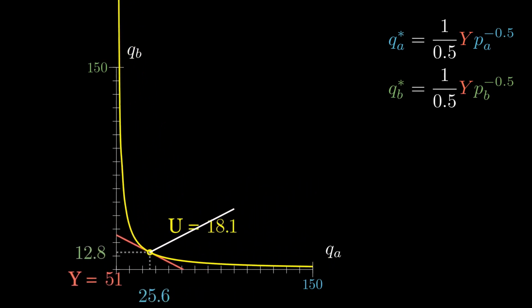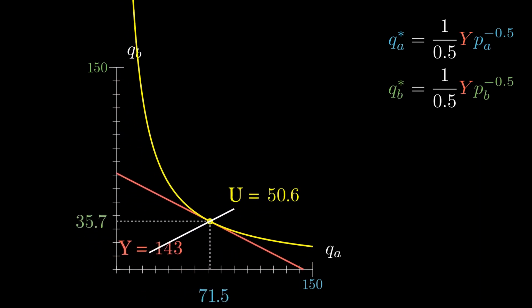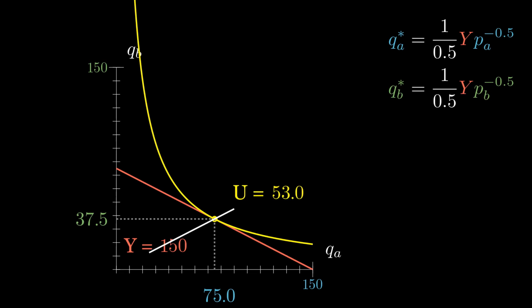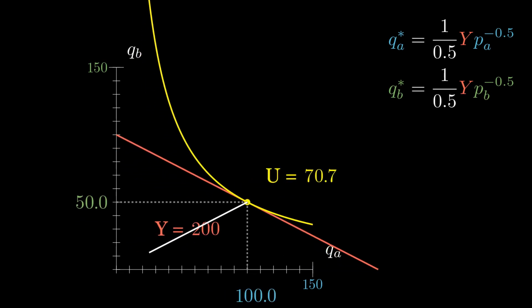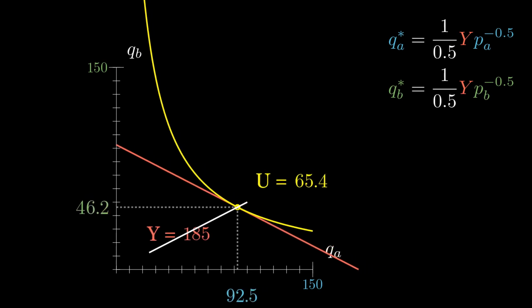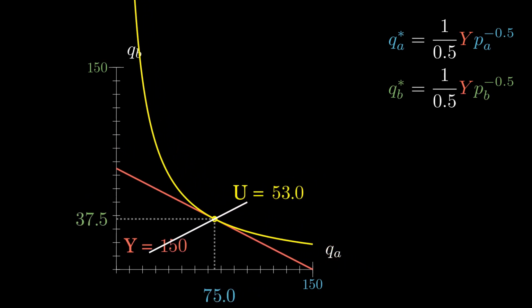We can look at a range of income levels, mapping out the relationship between Y and the optimal bundles. And as a side note here, this isn't the relationship between just any bundle and income. It's specifically the relationship between income and the optimal bundle.